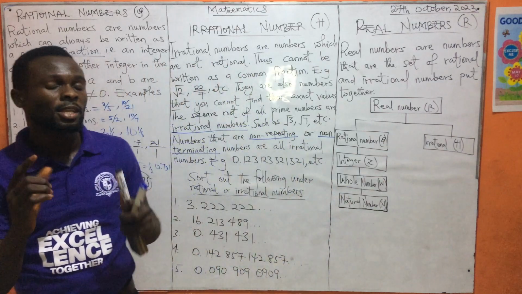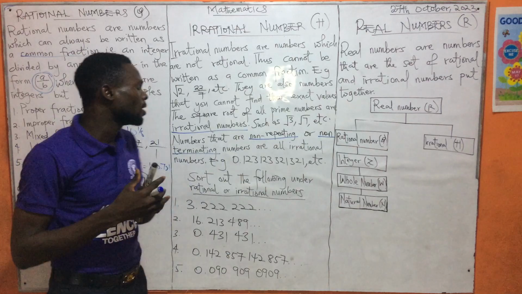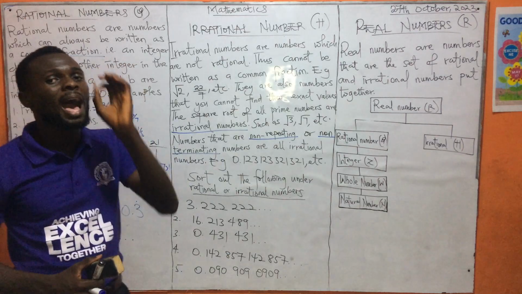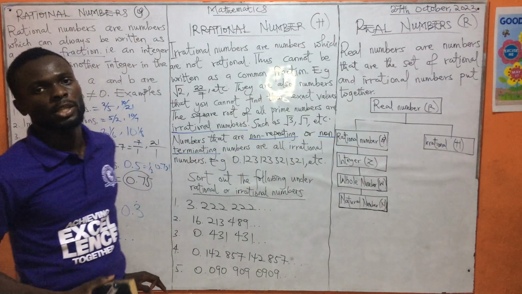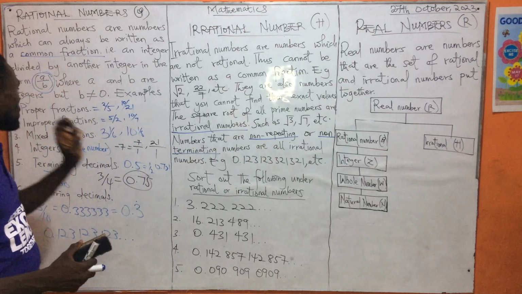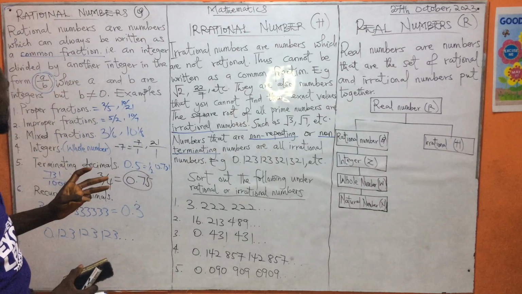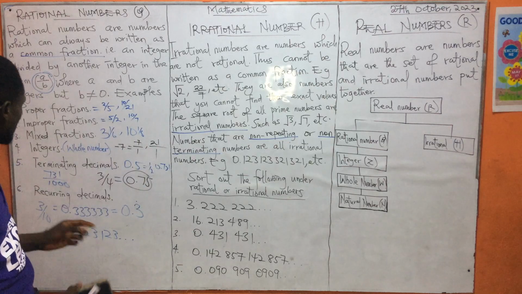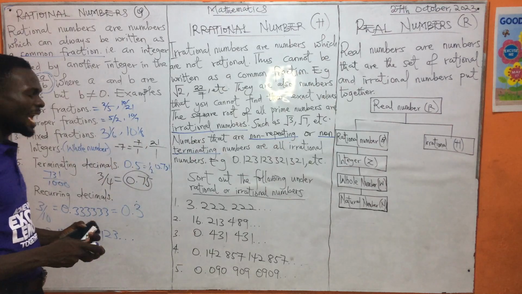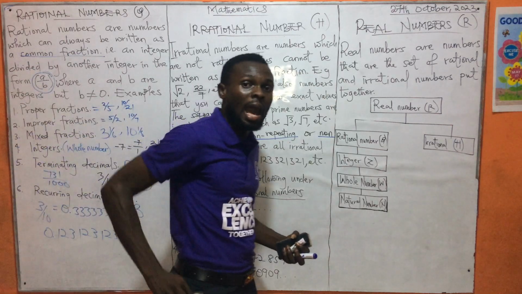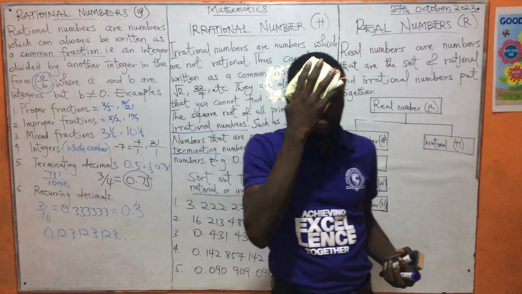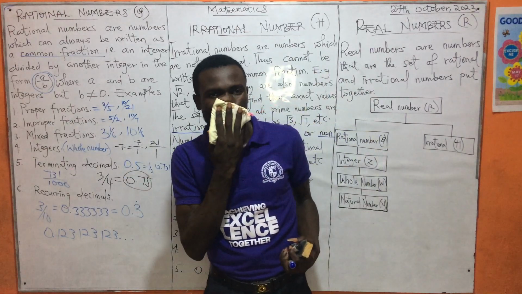And we can be asked, especially in section A, which of the numbers below are rational numbers. Improper fractions, mixed fractions, proper fractions, integers, terminating decimals, and recurring decimals are all rational numbers.